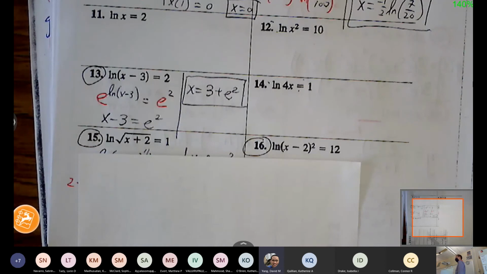We basically want 15 and 16 to be as clean as 13. We don't want any exponents. We don't want any coefficients. We want it to be as clean as this. And then you can raise both sides base e. Okay, so try that. Let me see how you do.